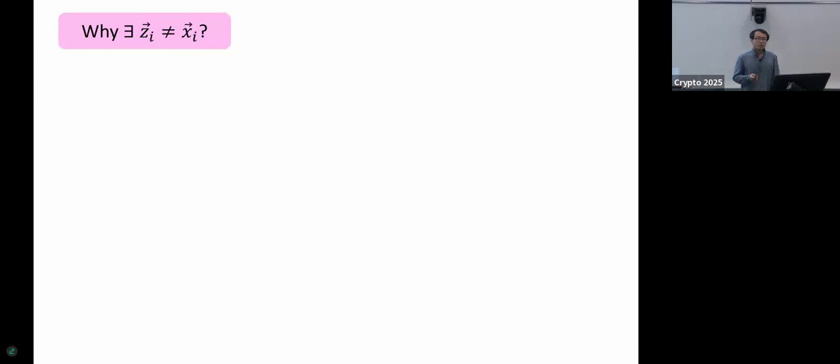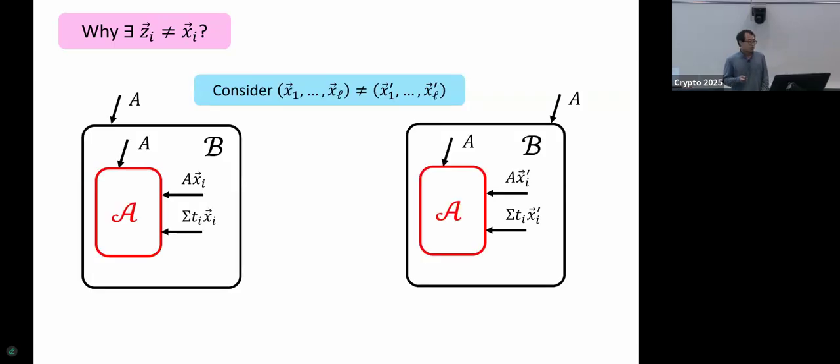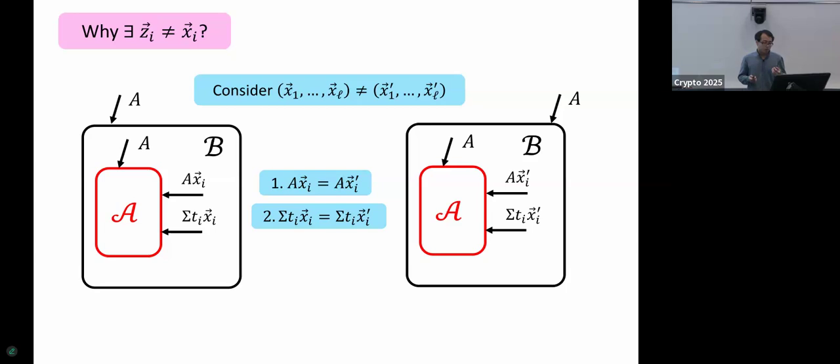To see this more concretely, let's consider two randomnesses and two executions, where the first one uses x_i and the second one uses x_i prime. Suppose that in these two executions, all the challenges are the same and all the PI queries are the same. Then A will output the same solutions, assuming A is deterministic without loss of generality.